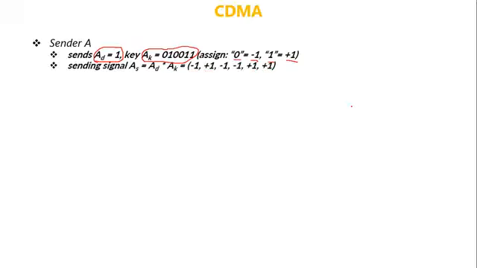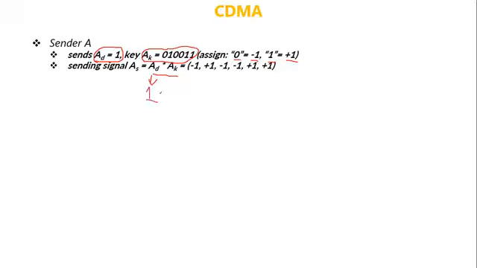Now if the sender wants to send this one data, he will compute AD into AK, where AD is the data and AK is the key. AD is 1.